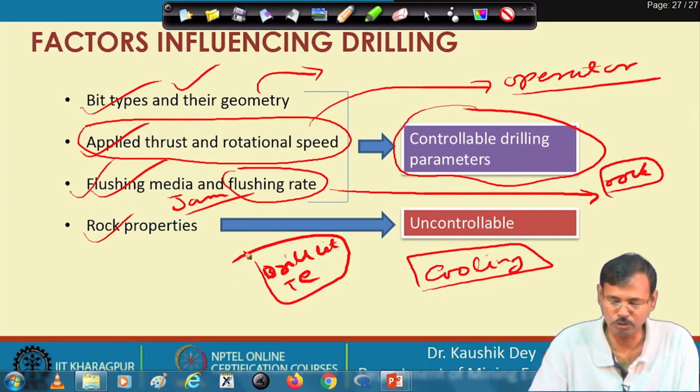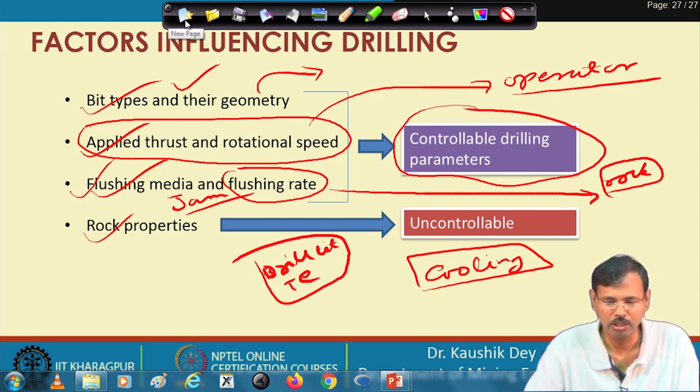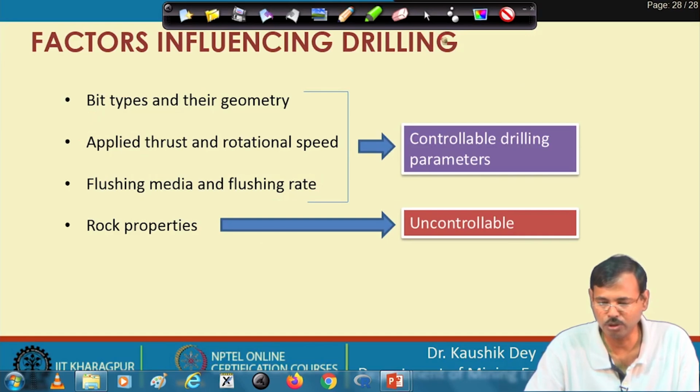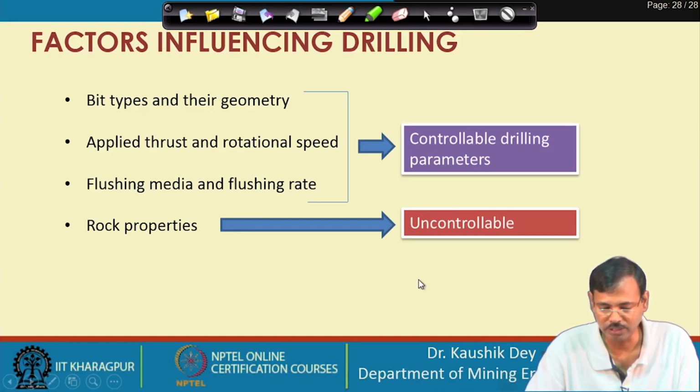That should be avoided, and for that temperature control is very important. So, that must be cared for properly while selecting the flushing media and the flushing rate.